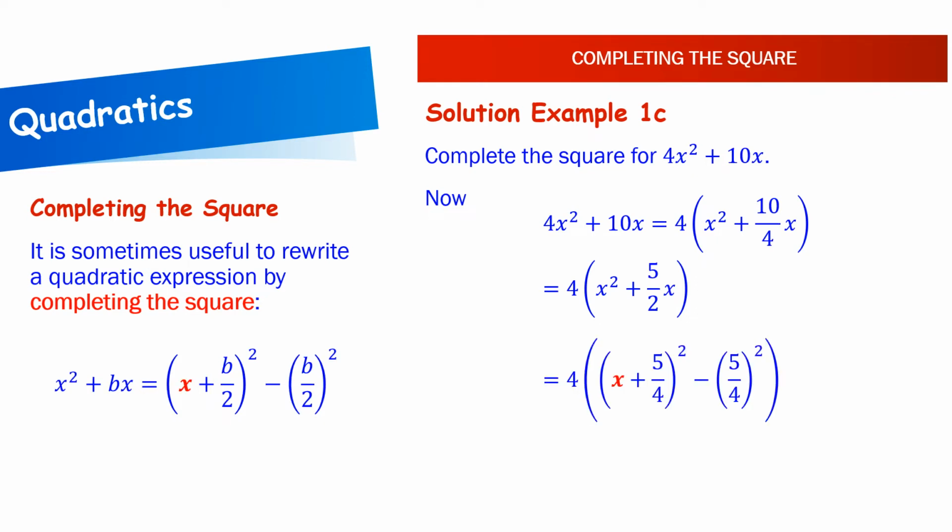Now here we have that b is equal to 5 over 2. So we plug this in into our formula. And then we tidy up. So we have 4 times x plus 5 over 4 all squared minus 25 over 4.